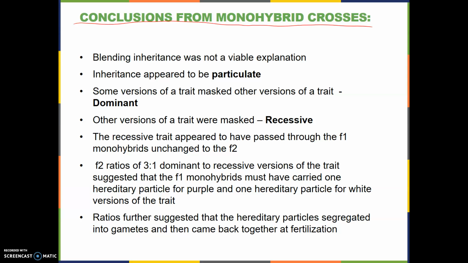So the blending inheritance was not a viable explanation because none of the offspring were a blend between purple or violet and white. Inheritance appeared to be particulate. There appeared to be a particle, we call it a gene now, that carried the violet trait and a particle that carried the white trait.